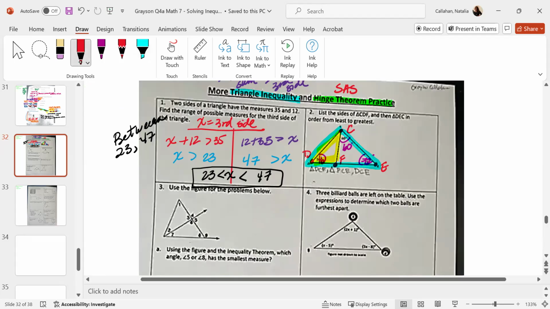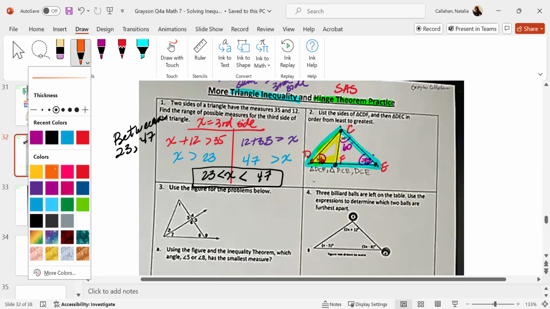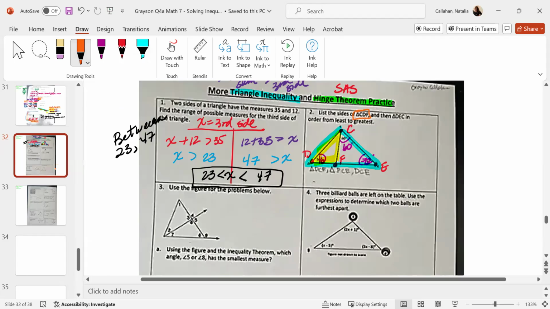So when we label this, we're looking at the sides of, let's start off with CDE. CDE is the big triangle, correct?